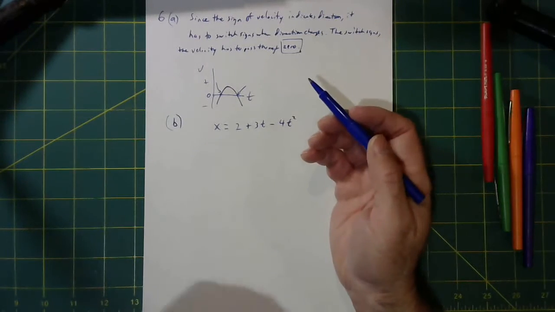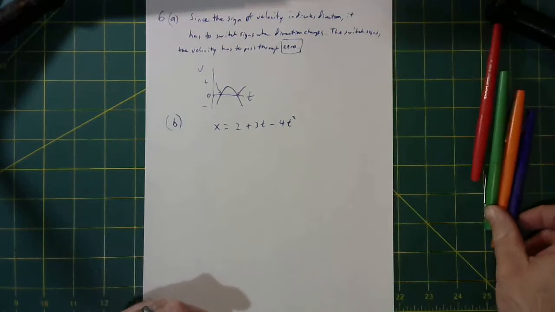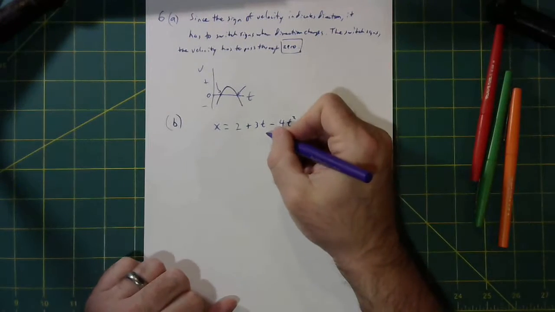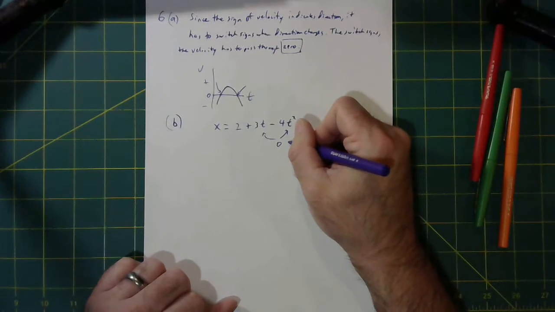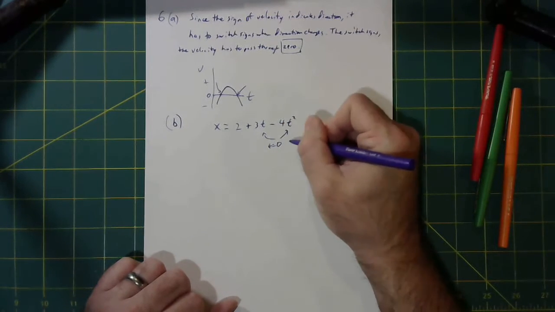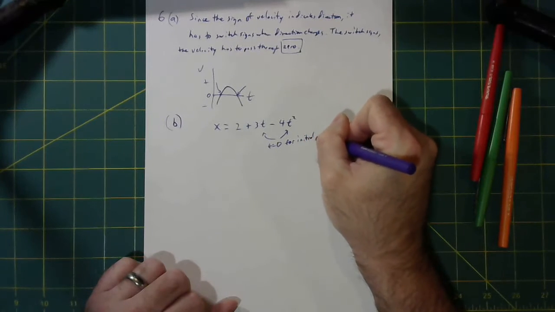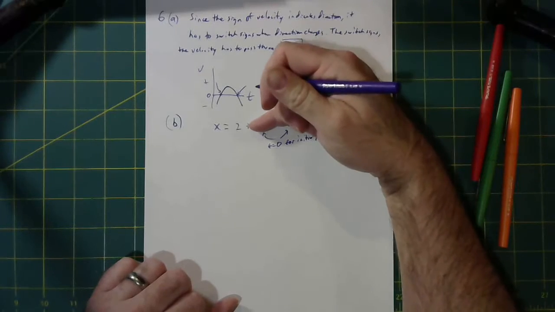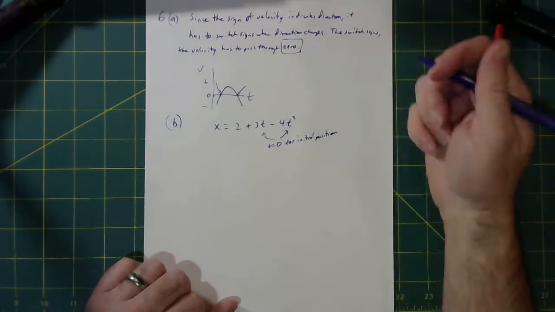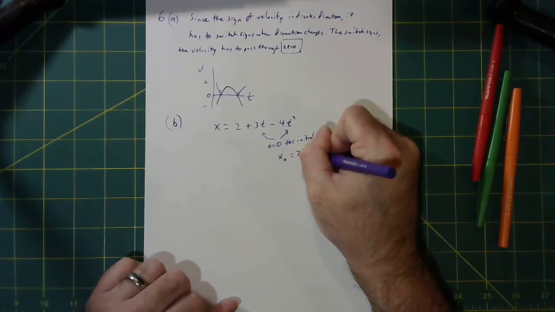What was the position at time 0? I can just substitute in a 0 to find that initial position. If I substitute in zeros, you can see that all that's going to be left is x equals 2. So my initial position is 2 meters.